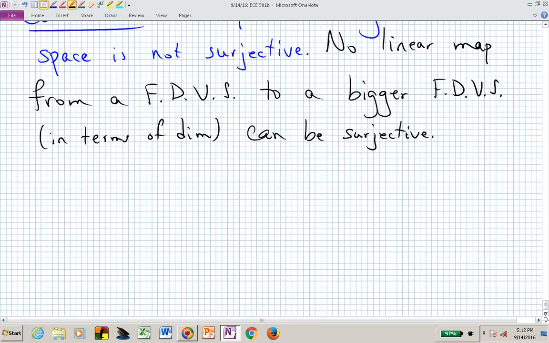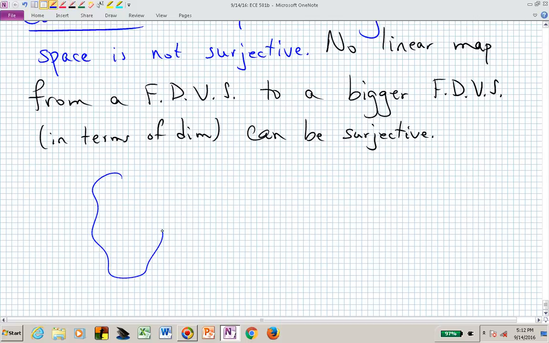We don't have enough dimensionality or enough information in our input vector space to fill the bigger output vector space. Going to a bigger finite dimensional vector space does not allow us to get onto the entire output vector space.